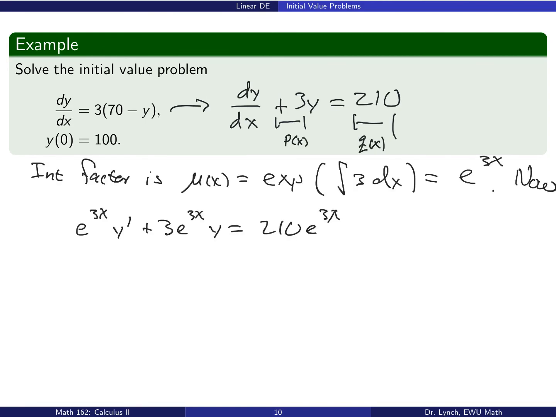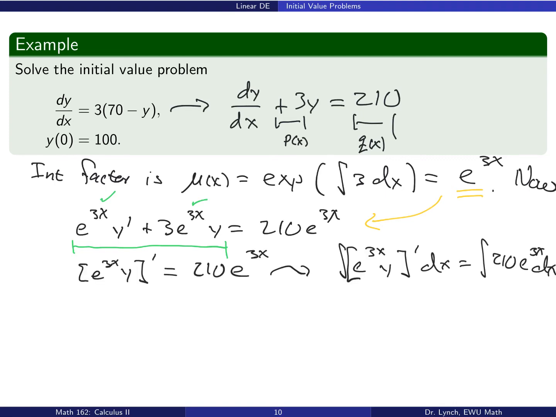Here's our first order differential equation after computing the integrating factor e to the 3x and multiplying through by that integrating factor. We should see a product rule on the left-hand side, and we do, because here is the first times the derivative of the second plus the derivative of the first times the second. Condense that product rule, integrate both sides with respect to x, and see what happens.